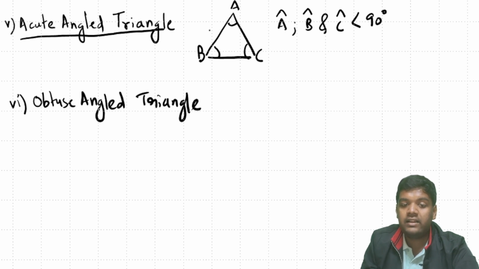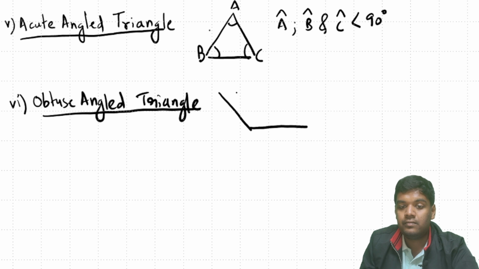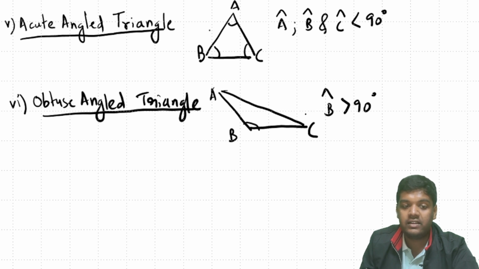In this type of triangle, any one of the angles will be more than 90 degrees. Here in this case, angle B is more than 90 degrees and hence triangle ABC is an obtuse angle triangle. So these are the types of triangles which you can normally see in your questions.